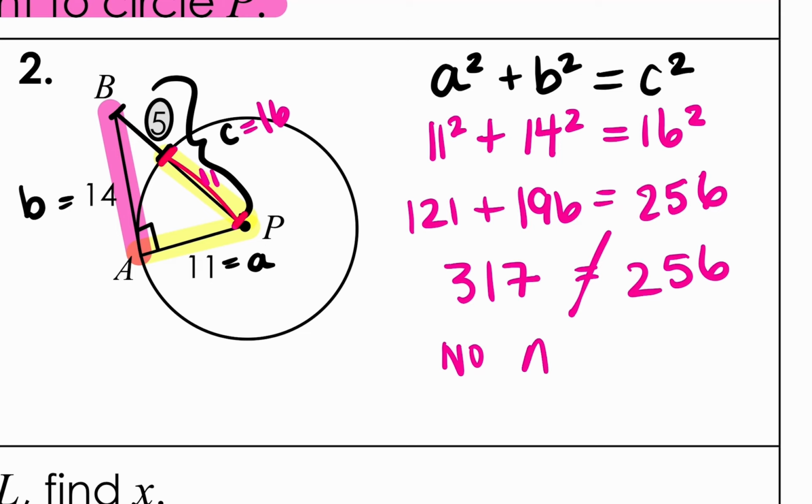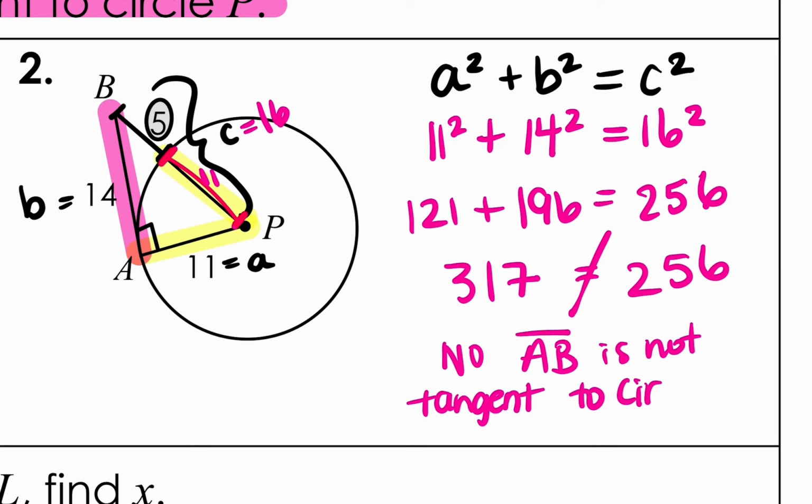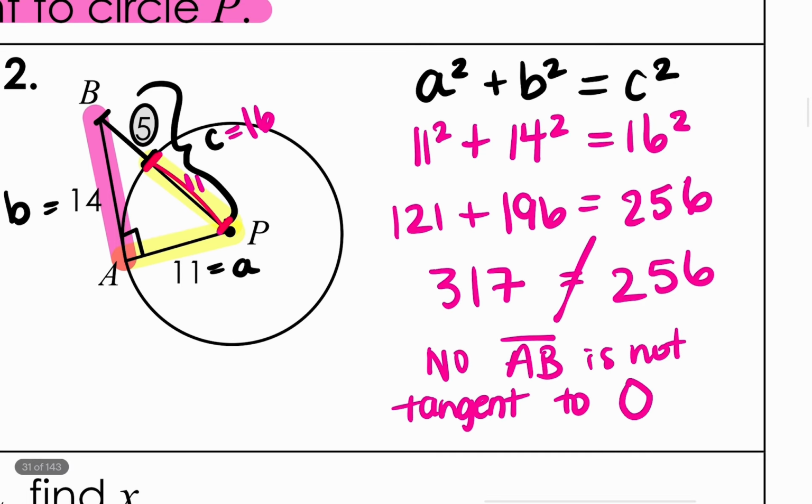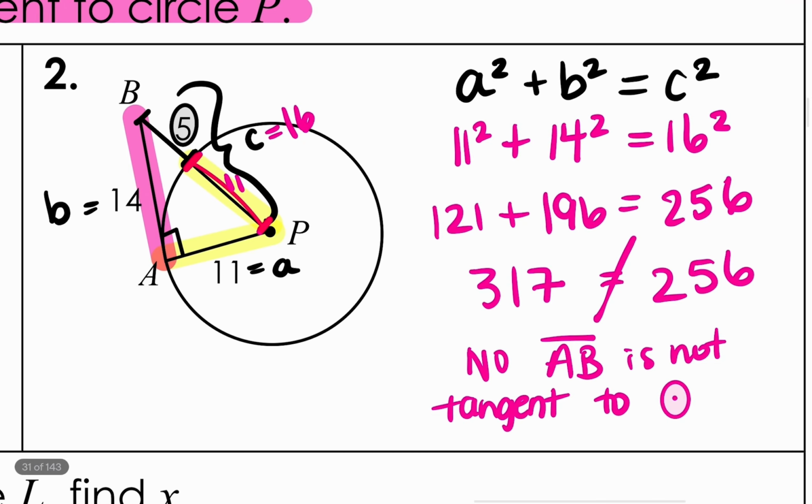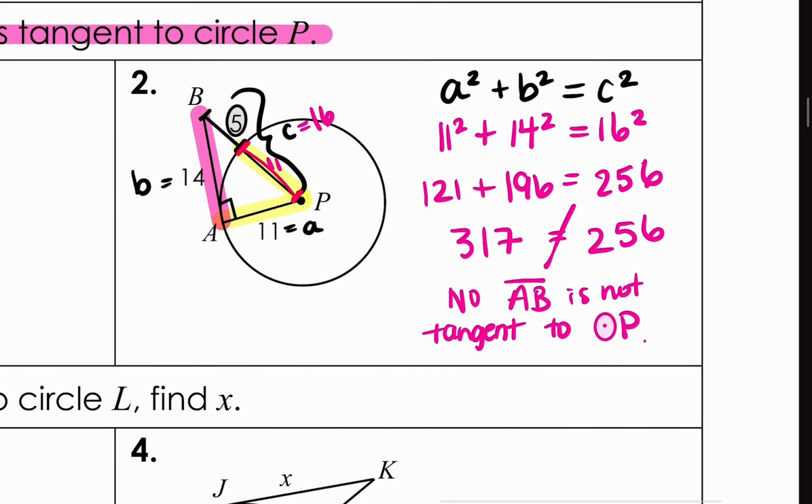So no, AB is not tangent to circle. Actually, we could just write the symbol for circle. Circle P. Looks more like an oval, but.